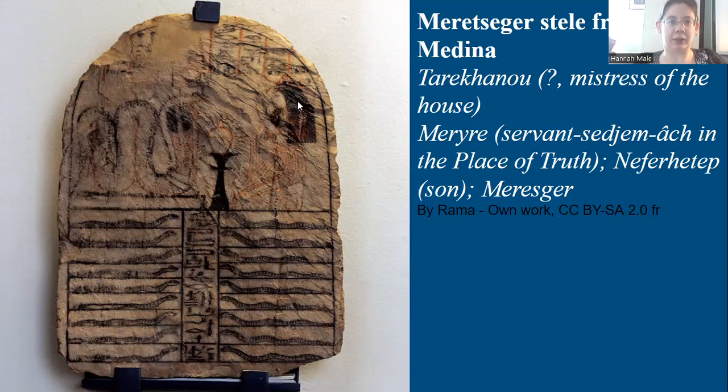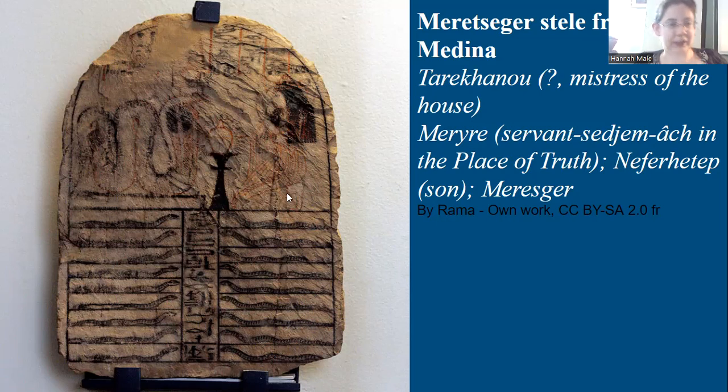These hieroglyphs up here give her name, so Tar Anu, and it gives her title. It also gives the name of another person here, Mary Ari, and then it gives the name of probably one of these women's sons, so Neferhetep.